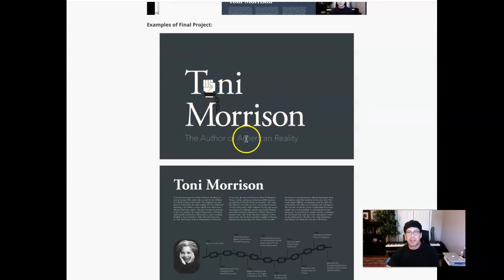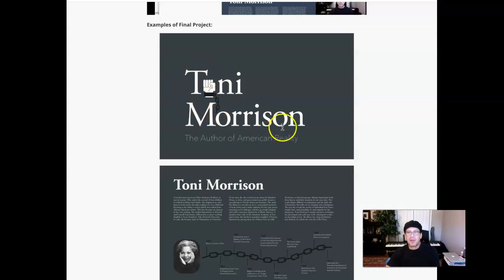We know Toni Morrison is obviously an American author that deals in realism. It seems that Toni Morrison has somehow been oppressed in some way or another based on this fist. It looks like this is an expression of power and suppression.